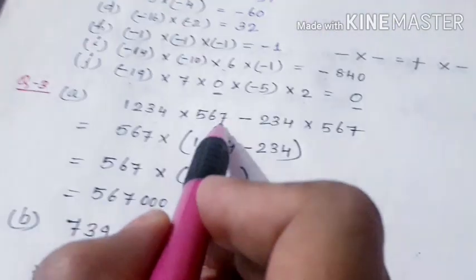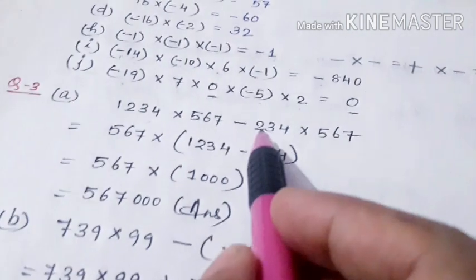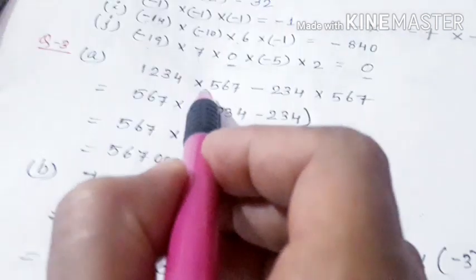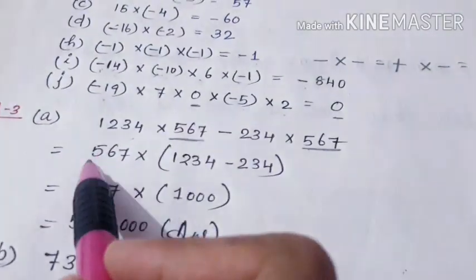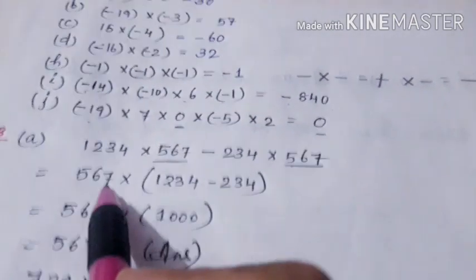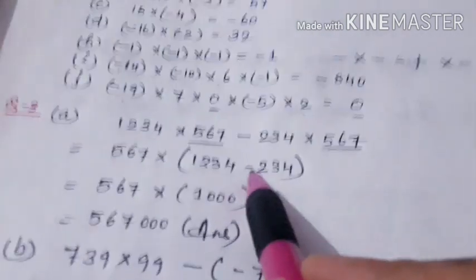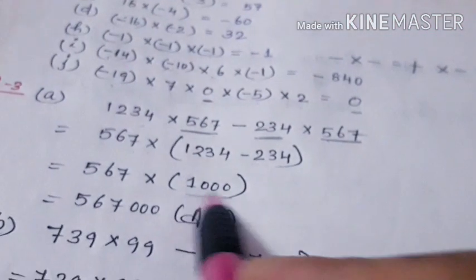See question number 3a: 1234 into 567 minus 234 into 567. In both cases 567 is common. So you take 567 common outside: 567 into (1234 minus, whatever is left, 234). 1234 minus 234 is equal to 1000.